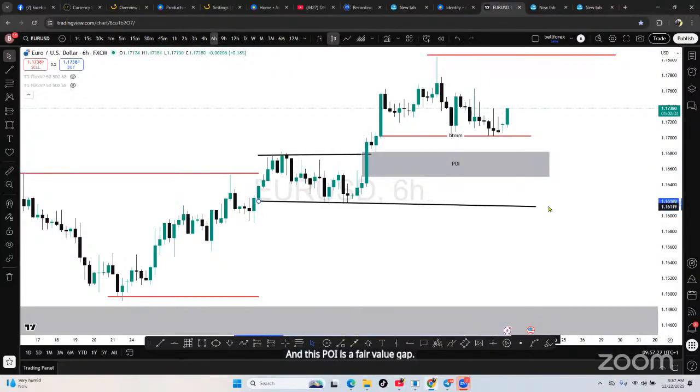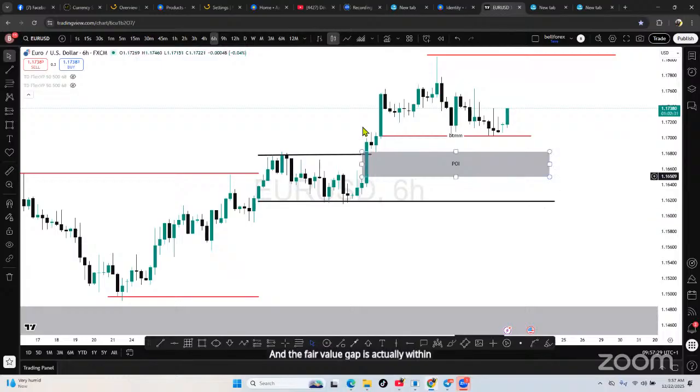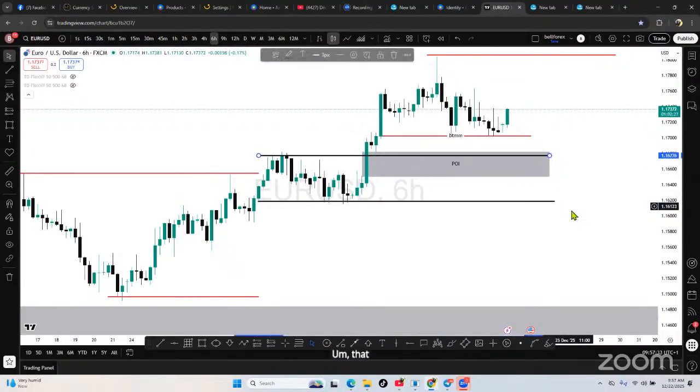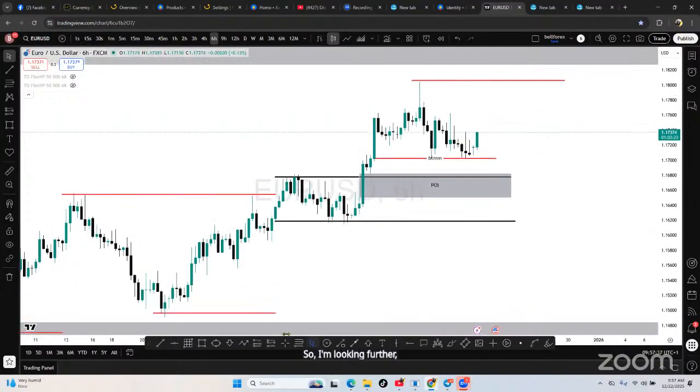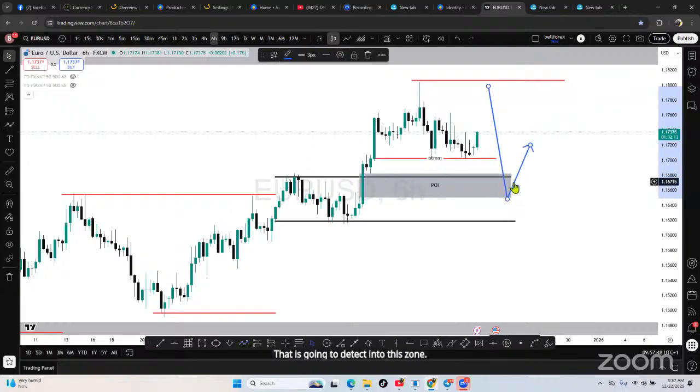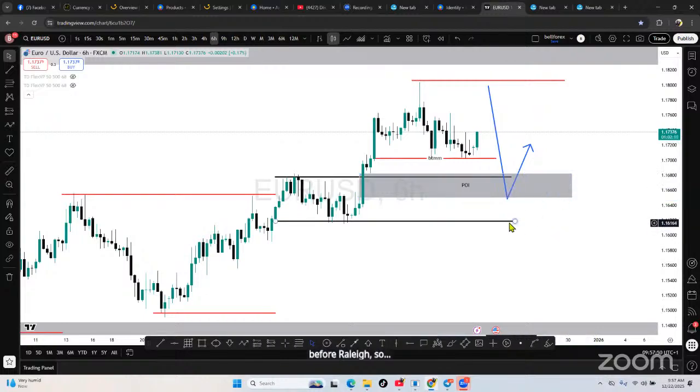And the fair value gap is actually within the consolidative range that is going to be very tactical for this market. So I'm looking further to get a market that is going to deep dive into this zone before rallying. So this is what I'm looking at the moment. So this can be an excellent point for us.